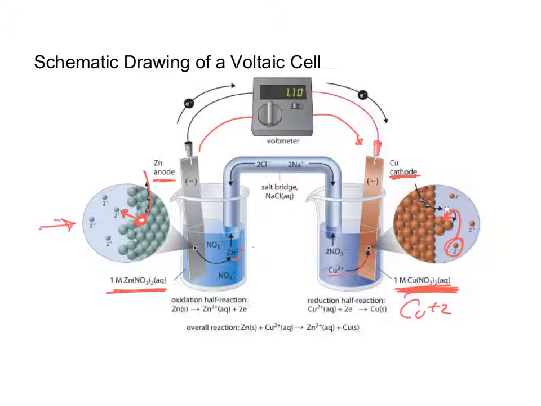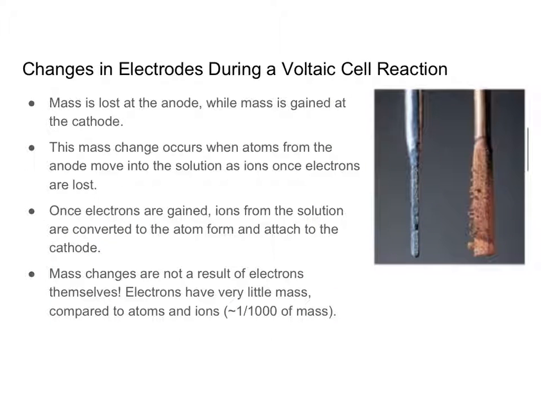Now, in theory, this reaction will continue to go until either all of the anode is used up or all of the cathode solution is used up. And I'm going to show you a picture in a second here of an anode and a cathode. The anode appears to have lost some mass.